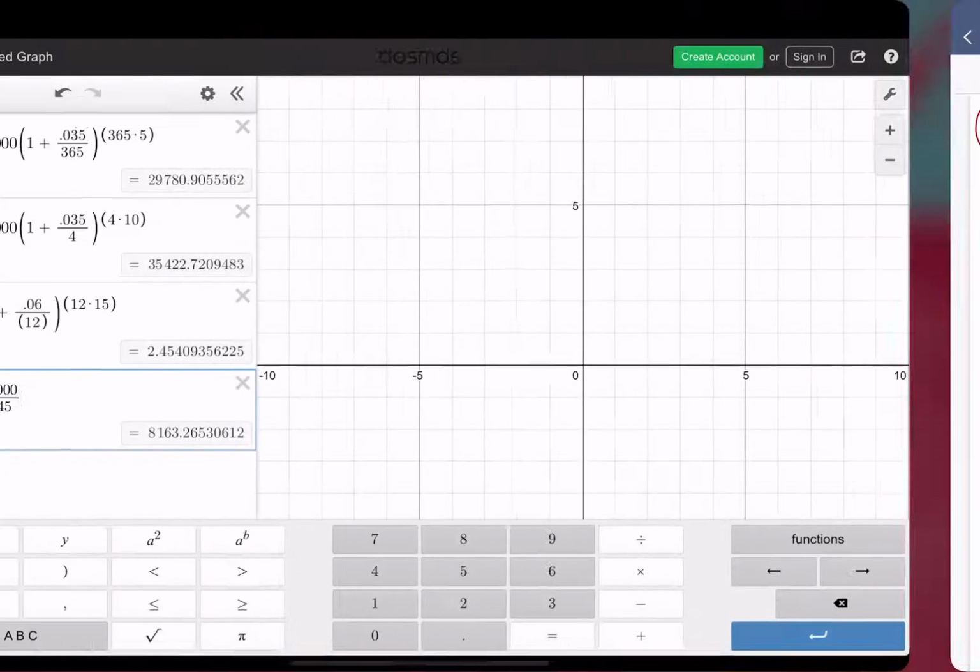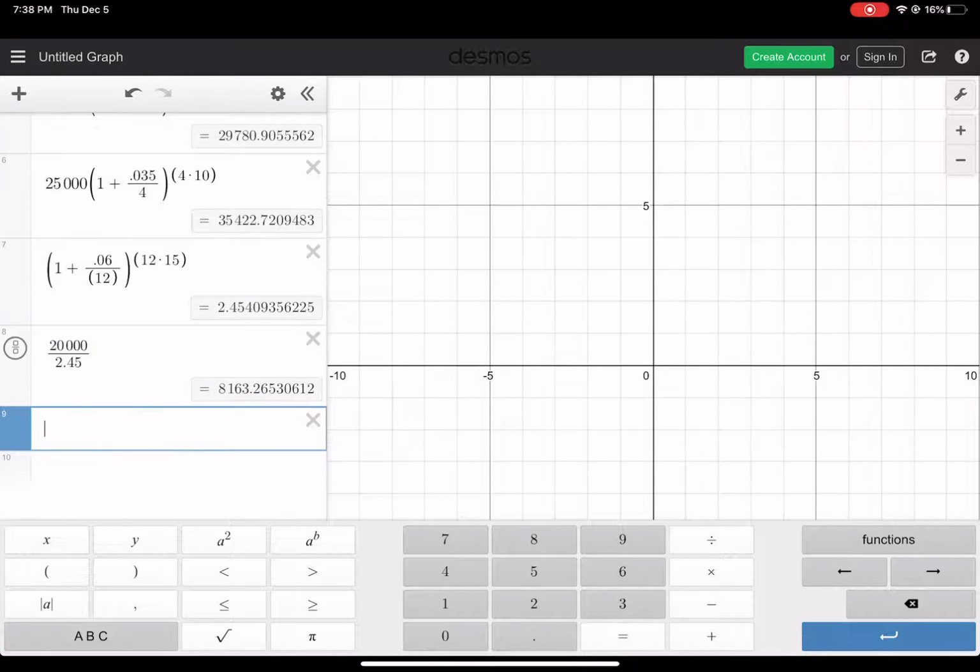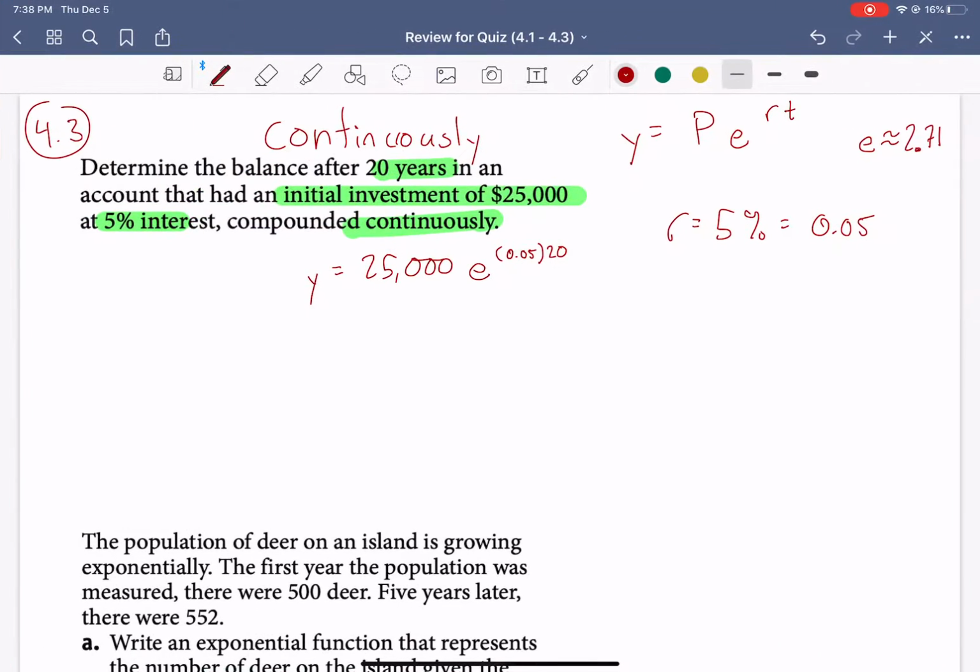We can just plug that right into the calculator. All right, when we plug this into the calculator, what you guys are going to do is $25,000. And then to get this E button, you have to press second ln, and you'll get something that looks like E with this dotted box, which means we have to fill in that exponent, which is good for us because we actually want to fill in that exponent with our completed multiplication here.